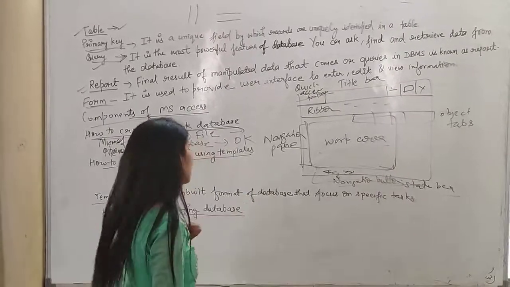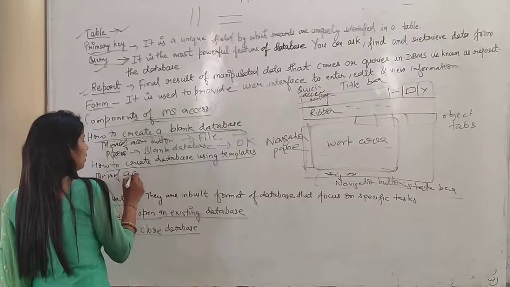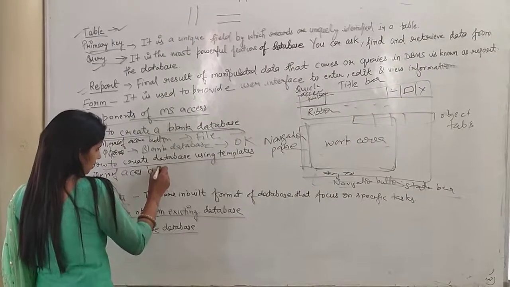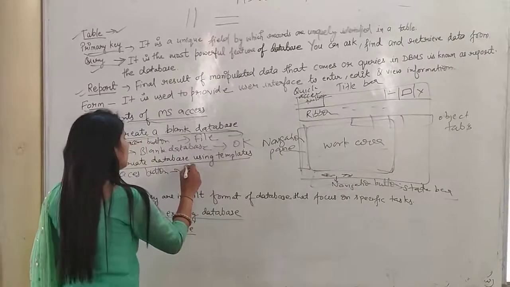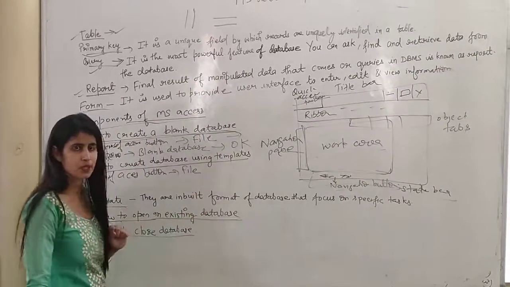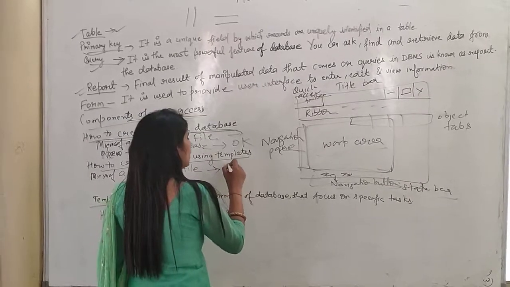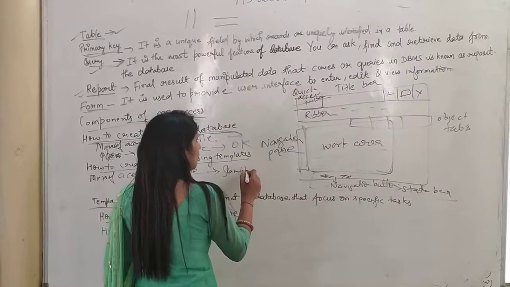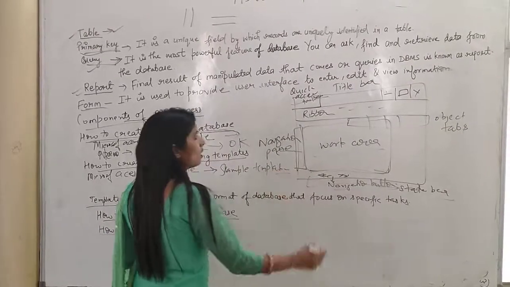The next one is how to create a database using templates. So the procedure is first click on the Microsoft Access button. Okay. After this again you will click on the file option. Here you will click on the sample templates.